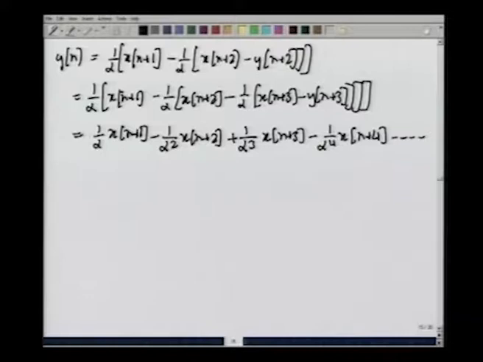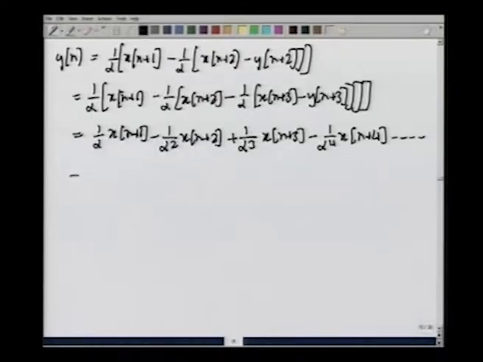You have 1 by alpha minus 1 by alpha squared plus 1 by alpha cubed, 1 by alpha to the power 4. In fact, with x n plus k you have 1 by alpha to the power k. Fine. Finally, the first term has a positive sign, the second term where k is 2 has a negative sign, and so on.